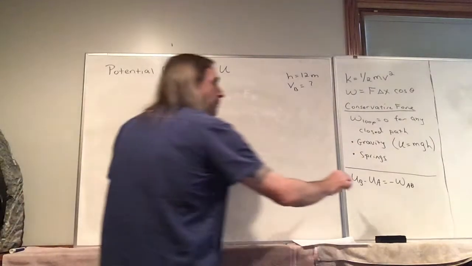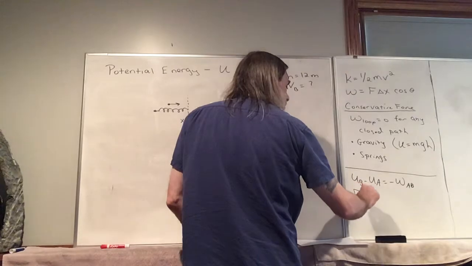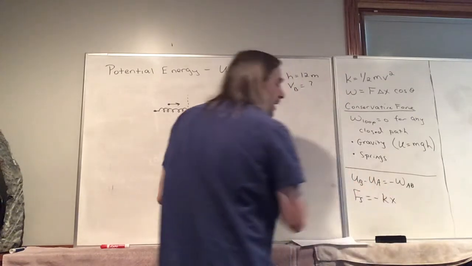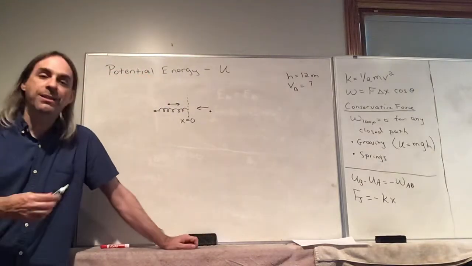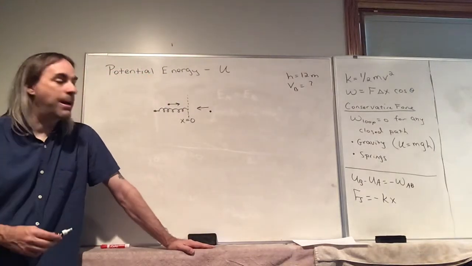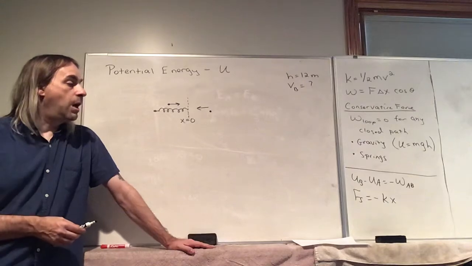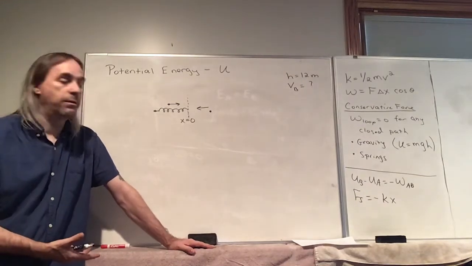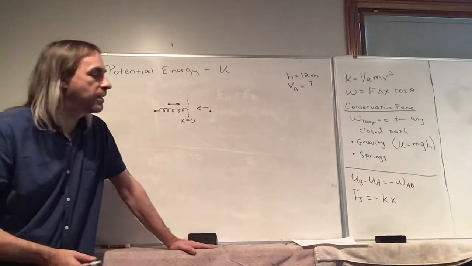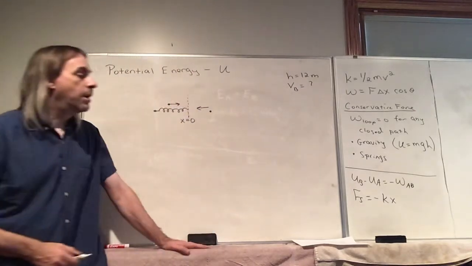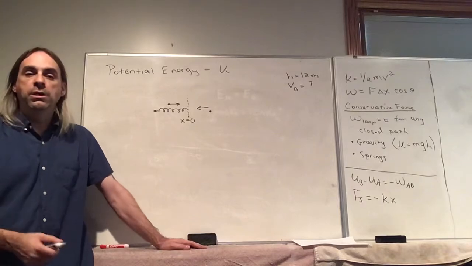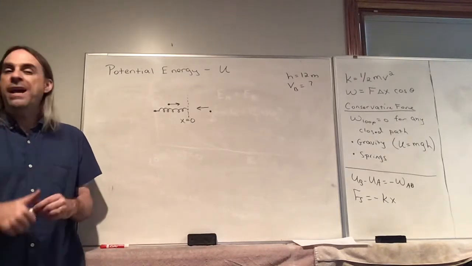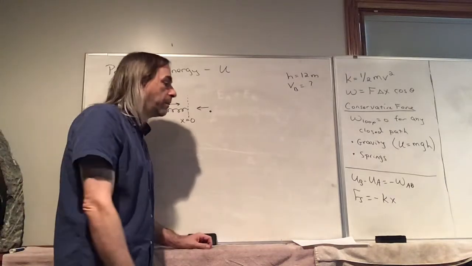So in general, we can write the spring force as minus kx, where k is a constant, and that constant depends on the spring. If k is very large, it'd be a very stiff spring, something like you might find in the suspension of your car. Whereas if it's a very low value, then it's much easier to stretch and compress it. Like in a pen or something, there's springs in those.